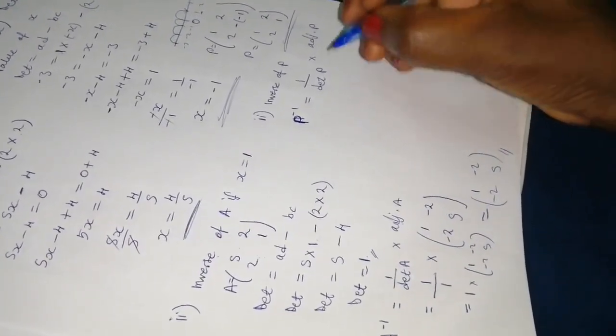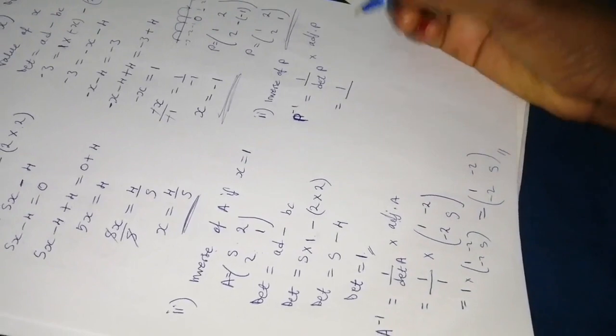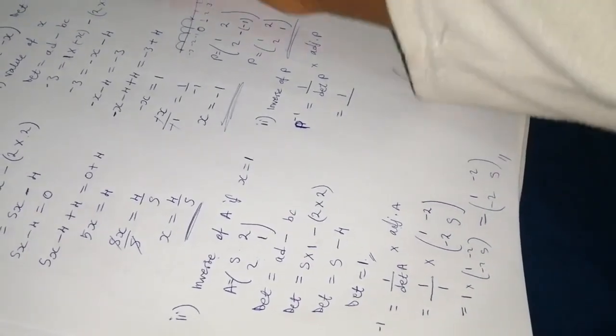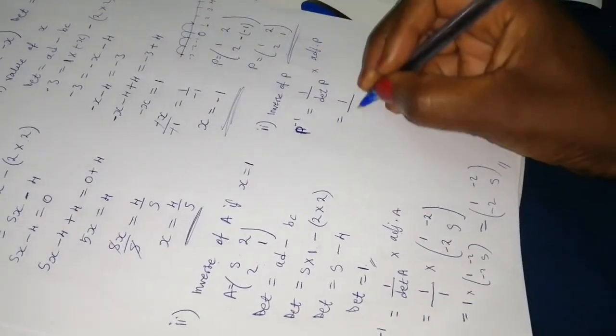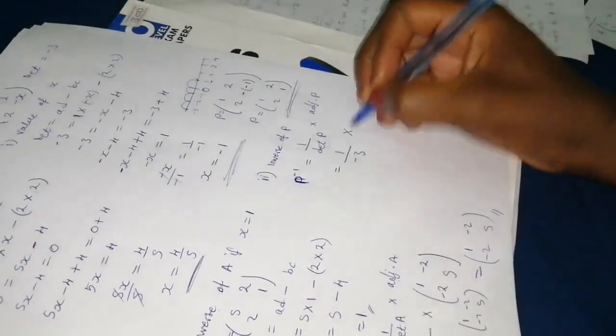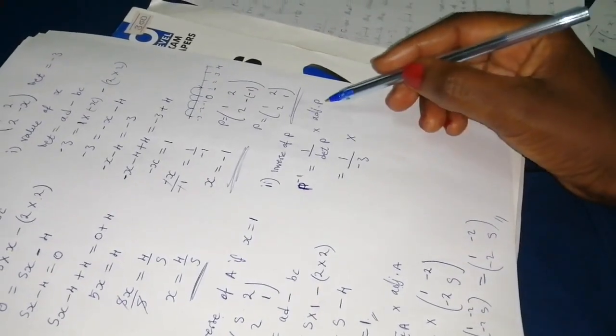So we have 1 over determinant of p, which is negative 3, so 1 over negative 3, then times adjoint of p.